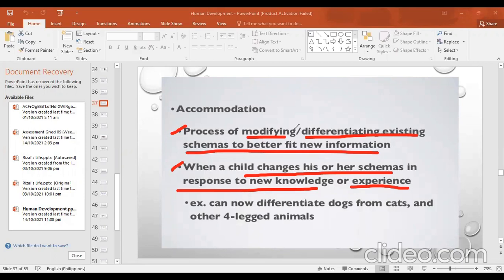So the child starts thinking, for example, "Mommy, that is a dog." Then, as a parent, of course, you will correct that, so there is modification. You tell the child, "No, that's not a dog, that is a goat." So the child is now modifying and differentiating what the dog that barks is and what the sound of the goat is. So there is now a comparison. Okay?